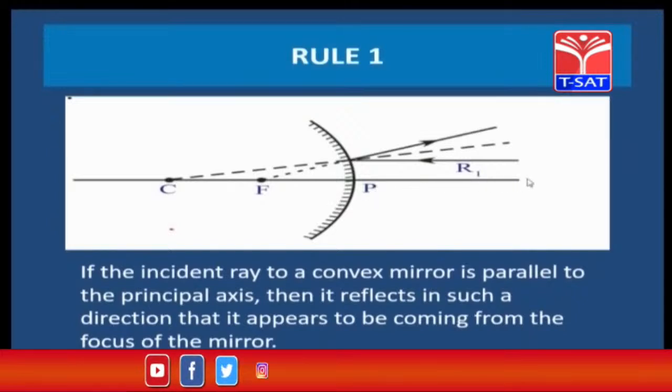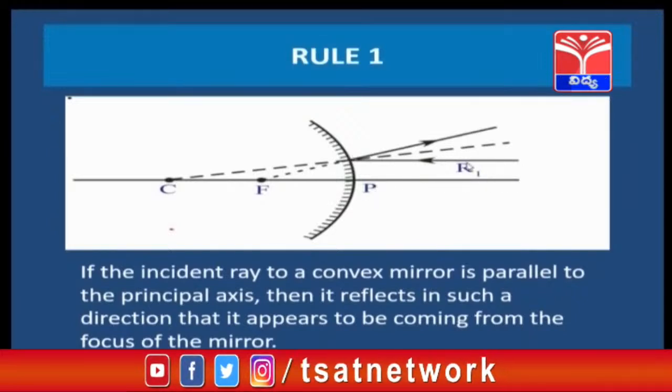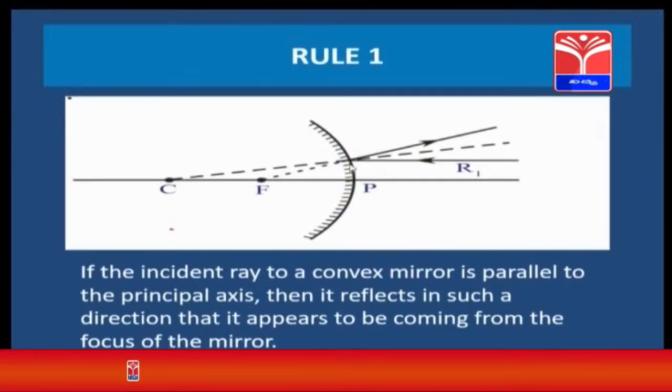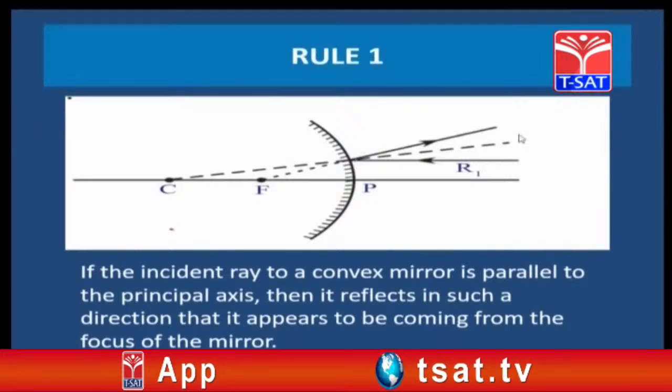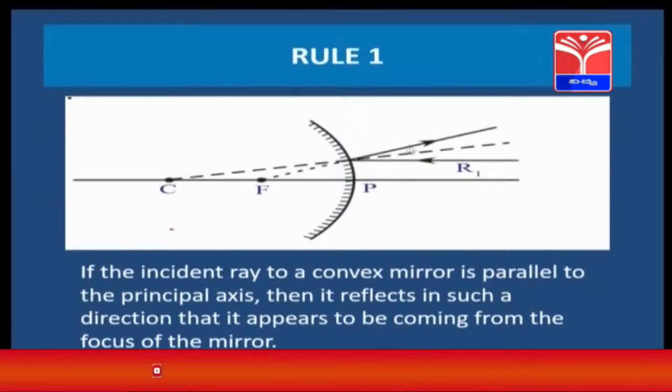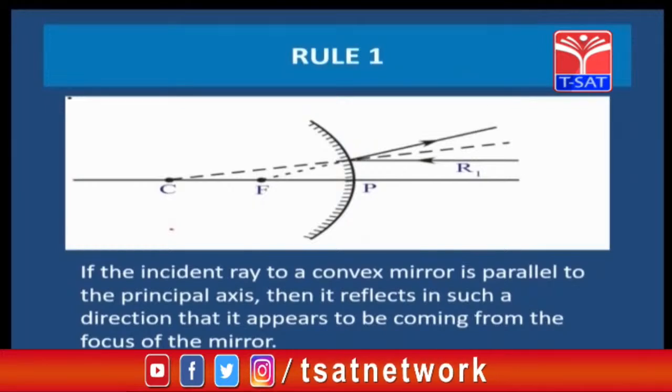Now, when an incident ray parallel to the principal axis hits the mirror, it is reflected such that it appears to be coming from the focus of the convex mirror. Where is the focus, children? It is behind the mirror.